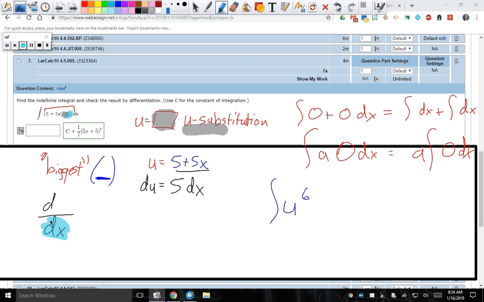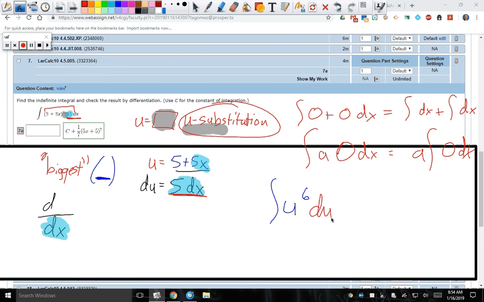If it was taken with respect to x here, it would just be 5. But it's not. You're changing it to be with respect to u. So this is going to be that implicit 5 dx. Now, in the original problem where you saw 5 dx, guess what you're going to substitute it with? du.